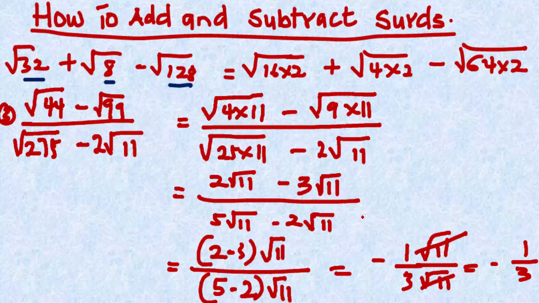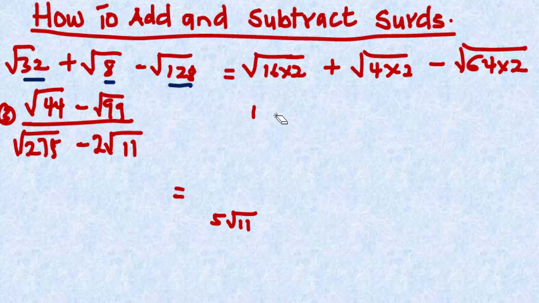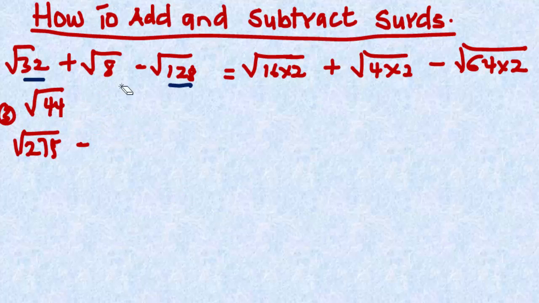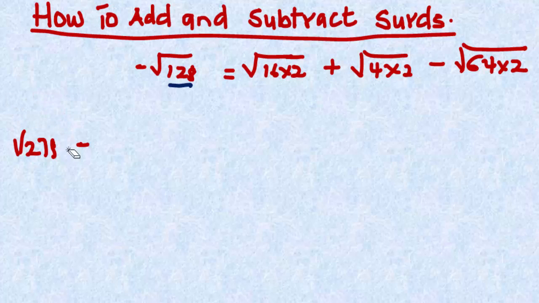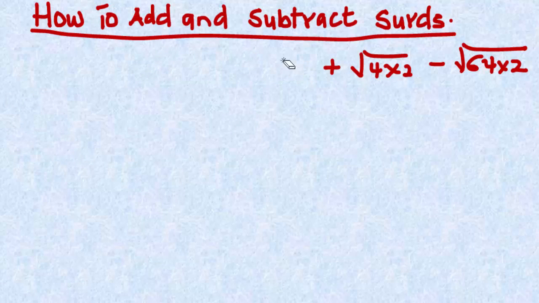Alright, so let's take the last example that will illustrate this further, and this is very important. So never forget, always we add or subtract like terms, or like surds. Okay, so it's very simple and straightforward. Let's take the last example.